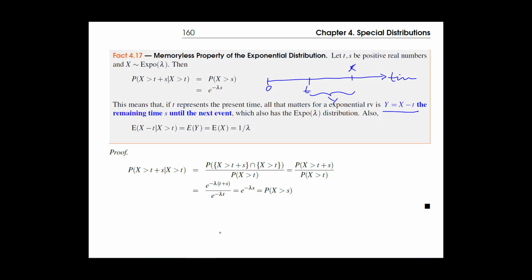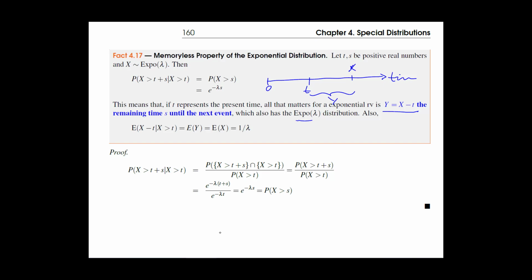That's the remaining time until the next event. And that variable is also exponentially distributed with the same parameter, lambda. So that's why it's memoryless. It's like at each present time, it regenerates exactly as it was before.